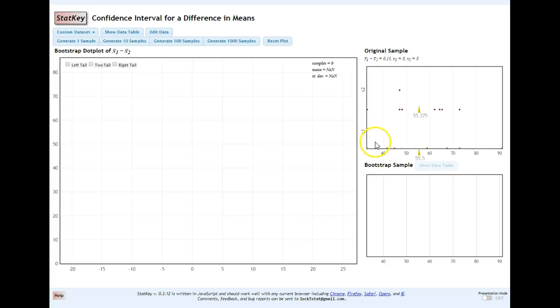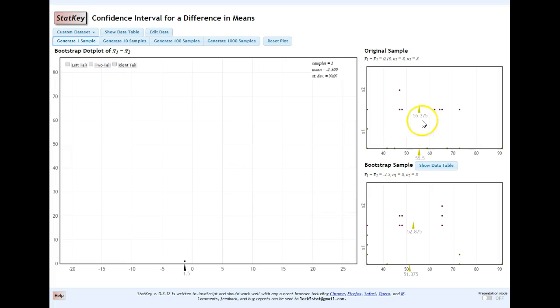And what you'll see here on the original sample is all of the original data points from group 1 and from group 2. If I generate a sample, what it's going to do with the bootstrap sample is randomly pick, in this case there were 8 individuals in each group, so it'll randomly pick 8 from strategy 2, randomly pick 8 from strategy 1 with repeats allowed, which is why these distributions look a little different.